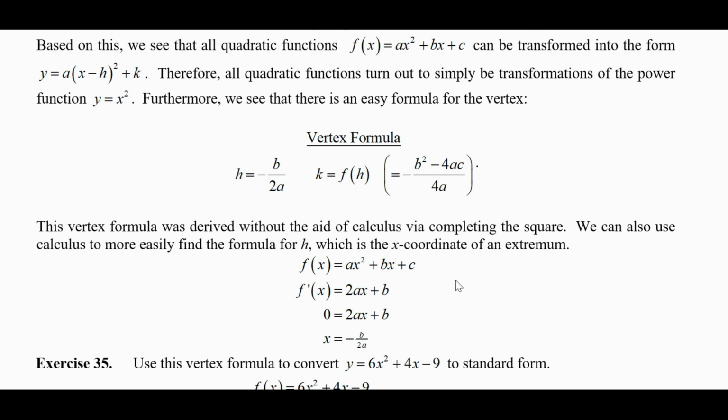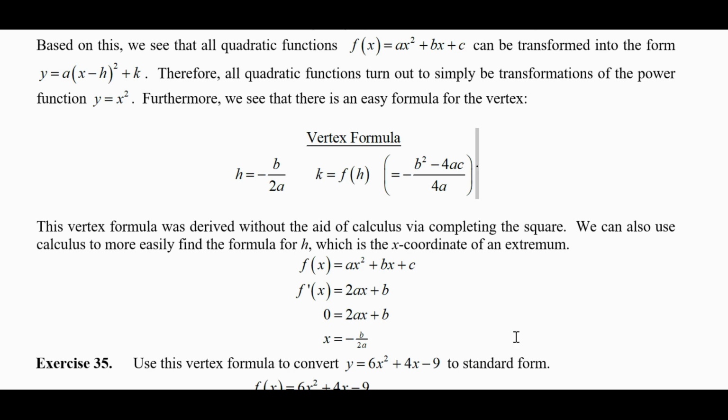But since we know some calculus, we know that the vertex is going to be at the minimum, where the derivative is zero. So it's really easy to take a derivative of this. If f of x is ax squared plus bx plus c, f prime of x is 2ax plus b. Set that equal to 0 and solve for x. And we easily see that x is minus b over 2a.